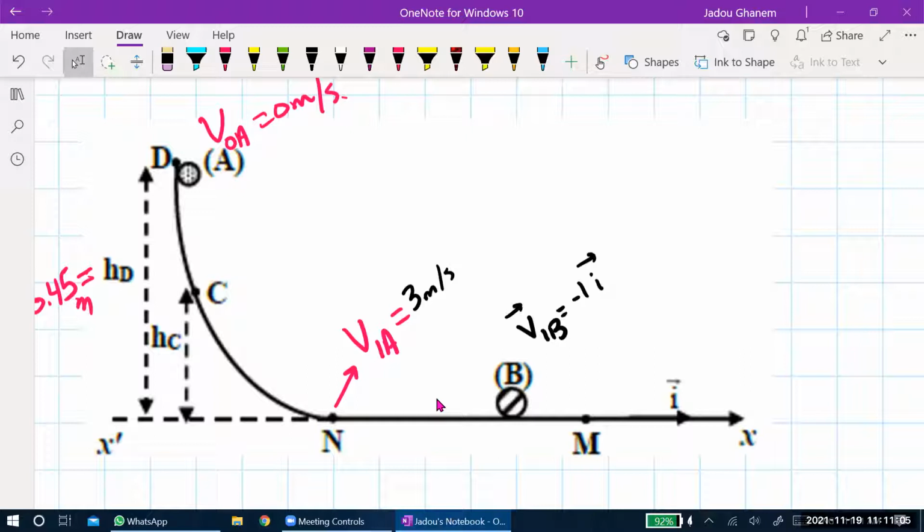Just note that minus i refers to the direction, so it's moving backwards, and the speed is 1 meter per second. Similarly here for V1A, we can write plus 3i, and the SI unit will be meters per second. So the value will tell us the algebraic value, and the minus sign will tell us if its direction is negative or positive.